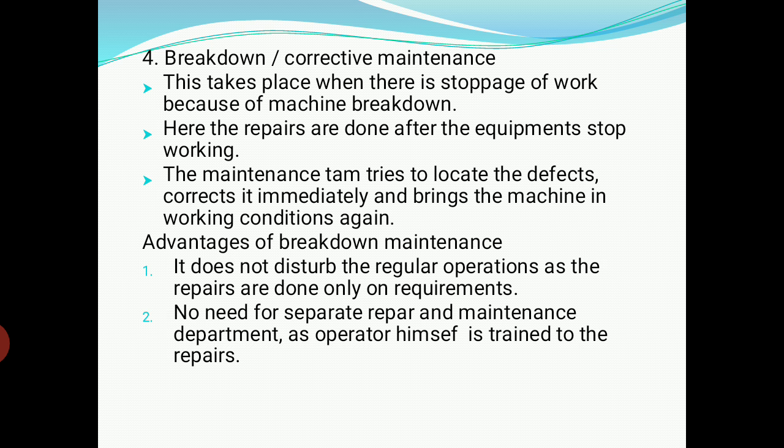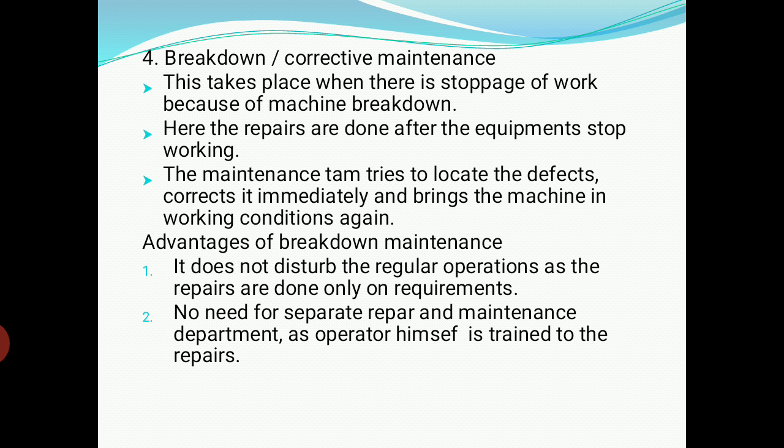What is important is that breakdown maintenance only comes into the picture once the machine or any equipment stops working. Until and unless things are working fine, until there are no stoppages, this type of maintenance will not come into the scene. The maintenance team here tries to locate the defects, corrects them immediately, and brings the machine back to working condition.